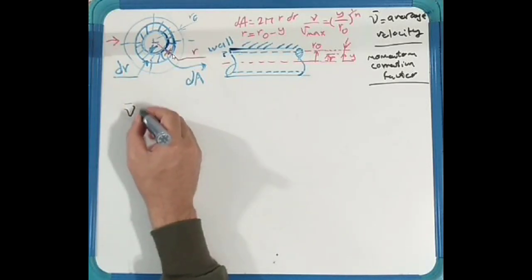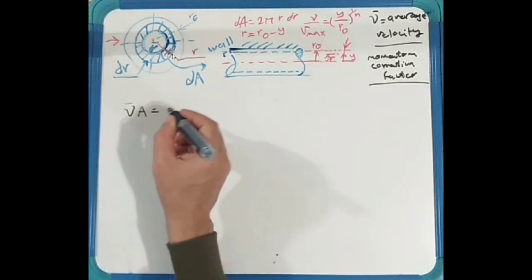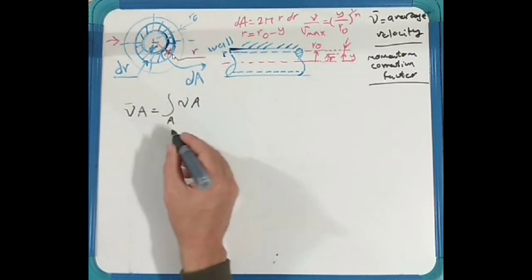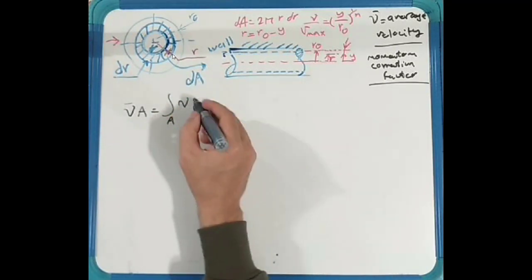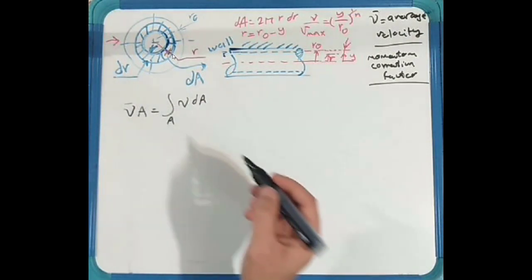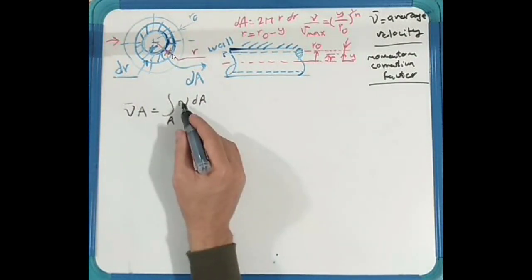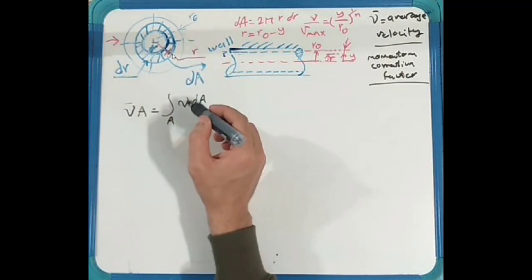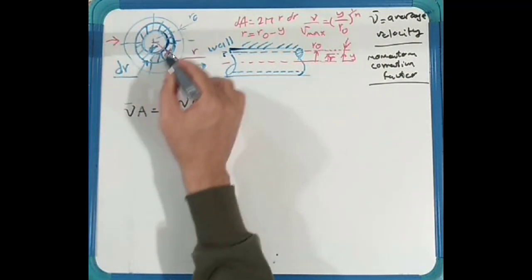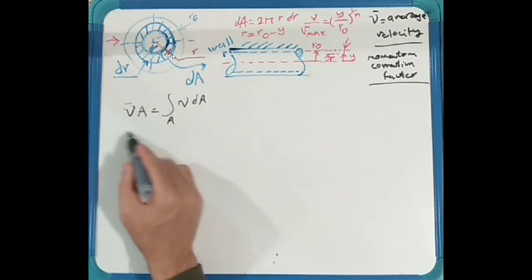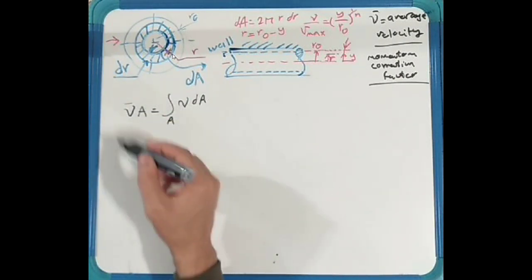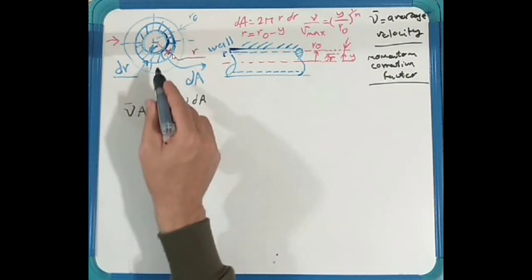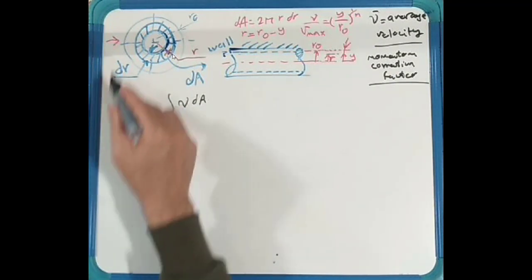I just want to find my average velocity. I can write this equation: integral of v dA equals average velocity multiplied by A. It means any velocity in any element multiplied by that area would be equal to the average velocity multiplied by the whole area.